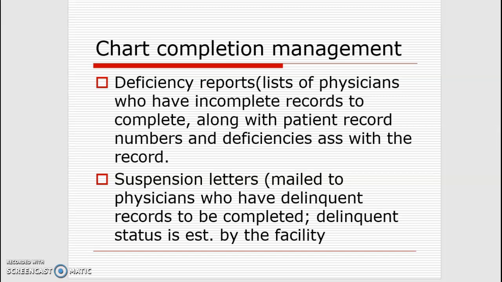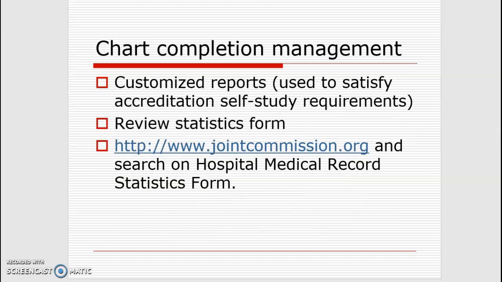Then there's going to be a deficiency report. This list of physicians who have incomplete records to complete with all the patient record numbers and deficiencies with the record. There's also suspension letters. These are mailed to physicians who have delinquent records to be completed. So again, if these are not completed, then they're going to be suspended from admitting privileges, and this happens more than you think.